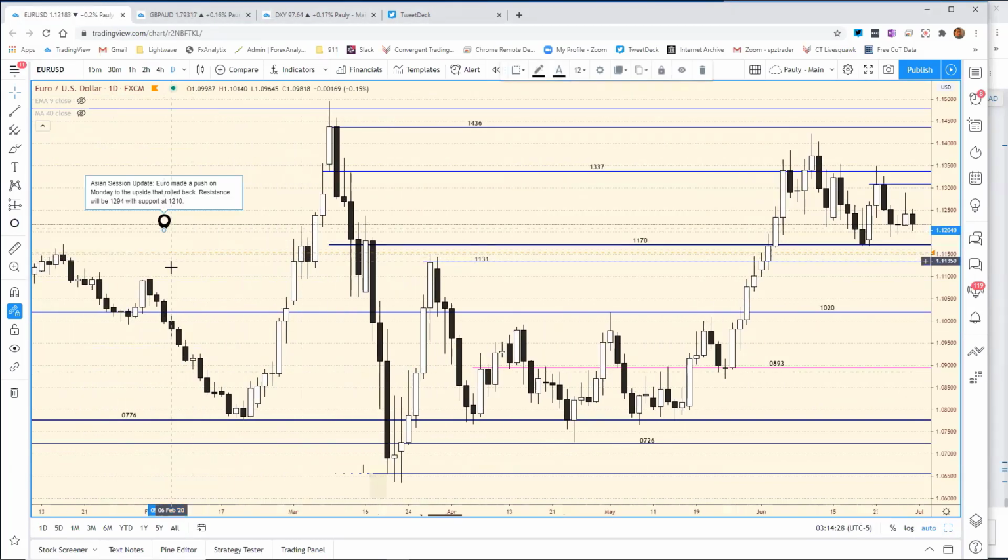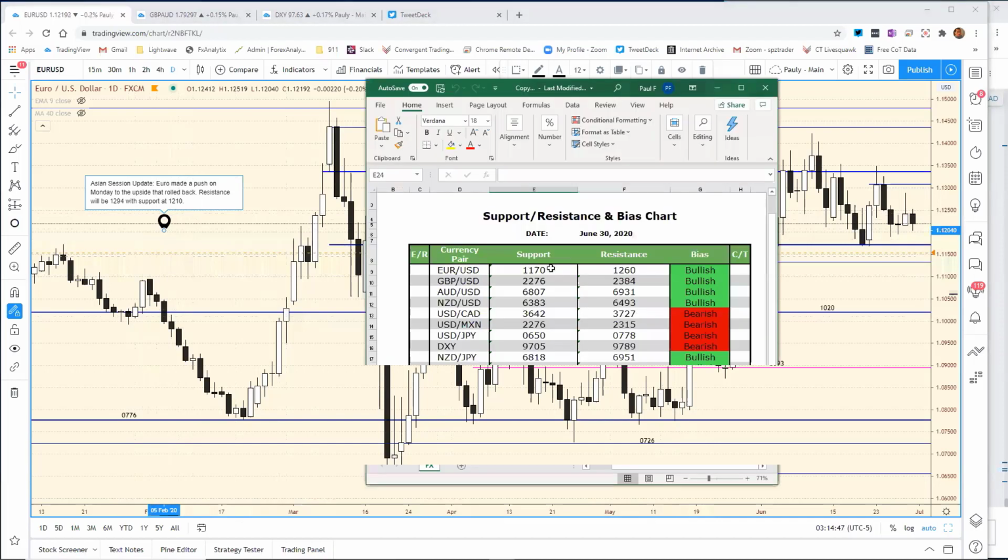So the euro made a push on Monday to the upside, but rolled back. Resistance will be 12.94 with support at 12.10. Relatively quiet, although you can see here we got as low as 12.04. We had support at 12.10, so we'll stick with the 12.10 and resistance at 12.94.